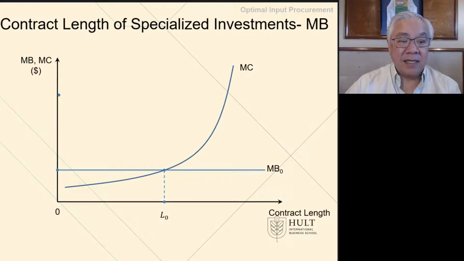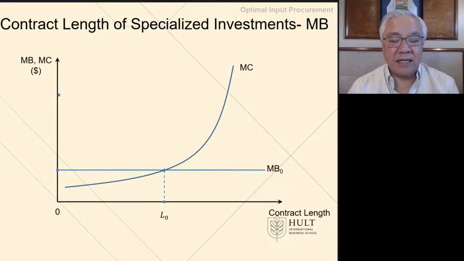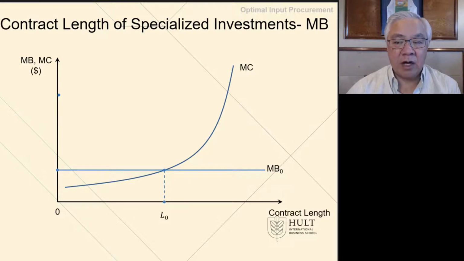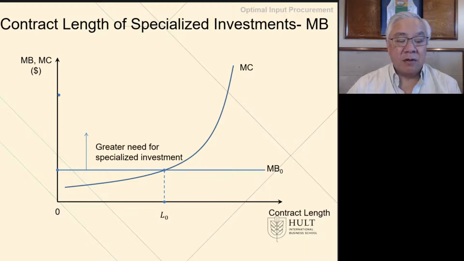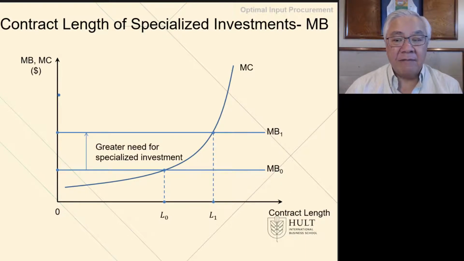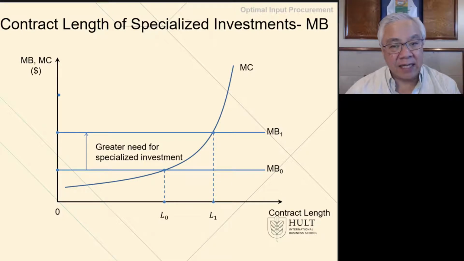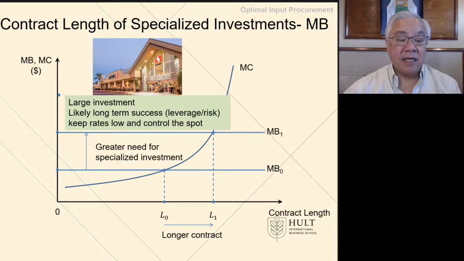The other case is that, all right, let's look a little more closely at this idea of marginal benefit, marginal cost, and when we set the time frame. So if the marginal benefit curve goes up, then we have a reason to extend the lease longer. An example of that is Safeway.